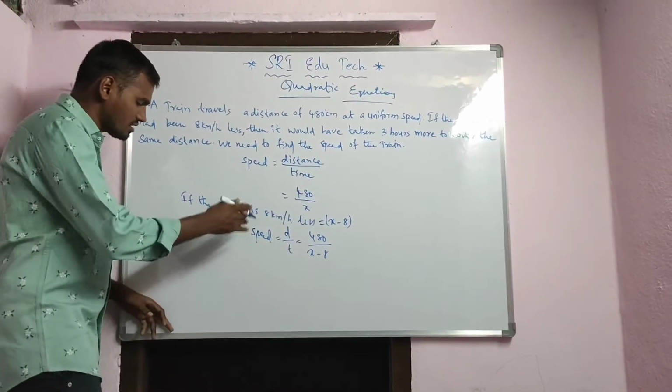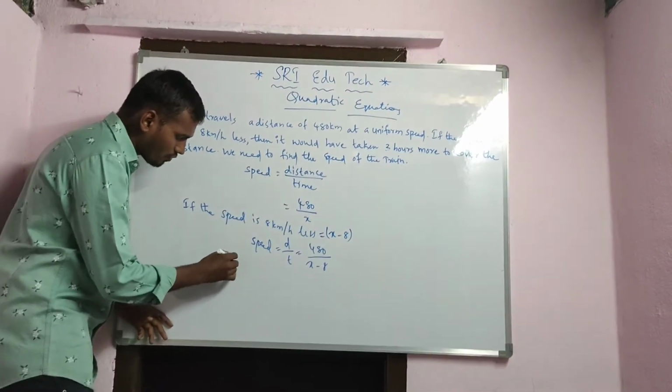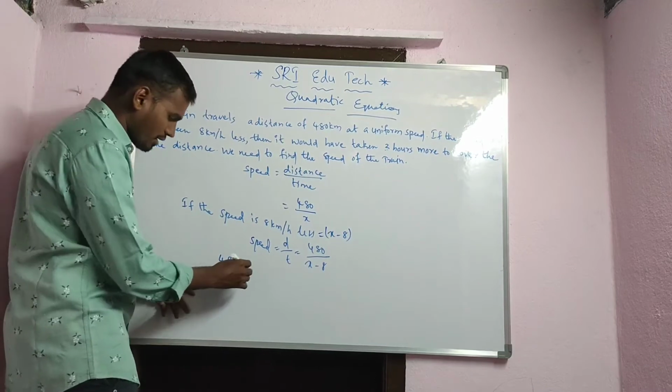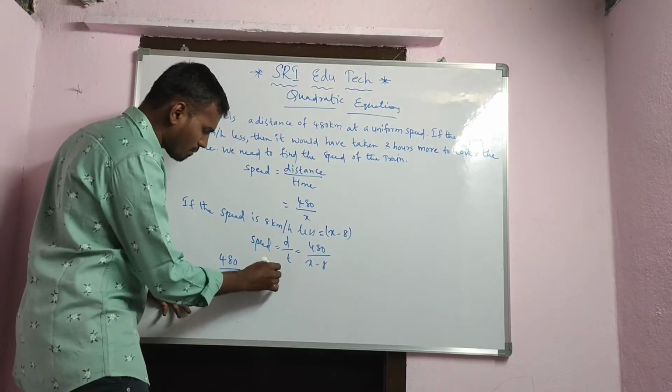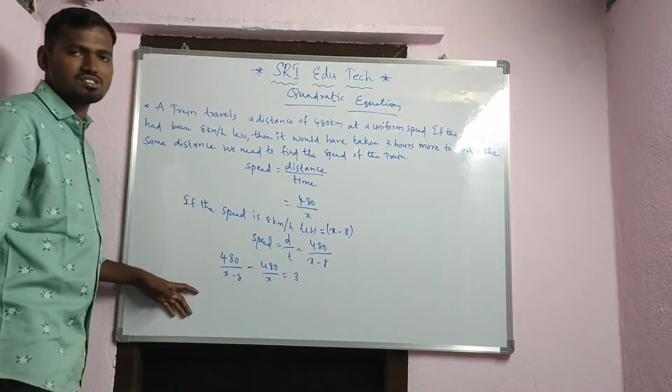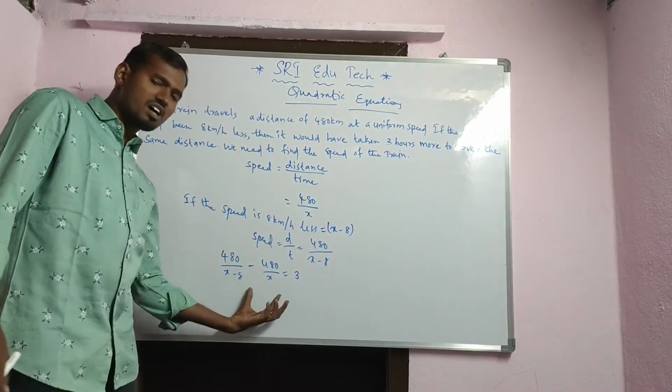Let us write down: 480 by x minus 8, minus 480 by x, is equal to 3 hours. So this is the equation.